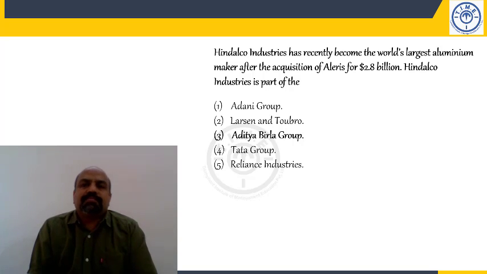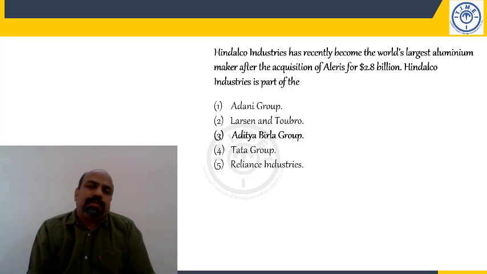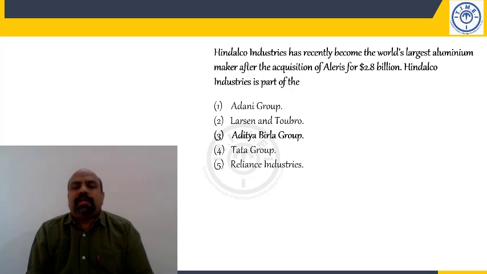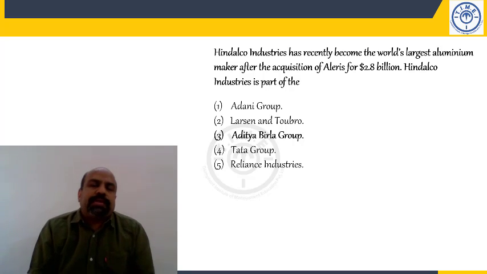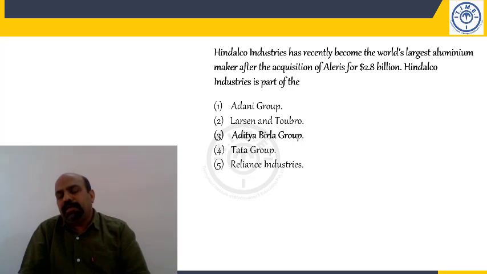Larsen and Toubro dash chairman, sorry, CEO S.N. Subramanian, S dot N dot Subramanian. Underline L&T, pull it down arrow, right?